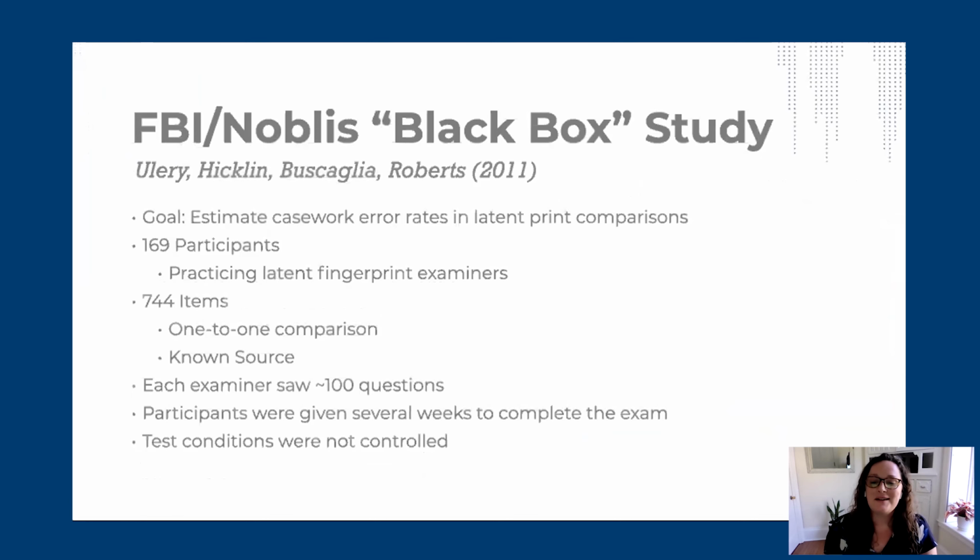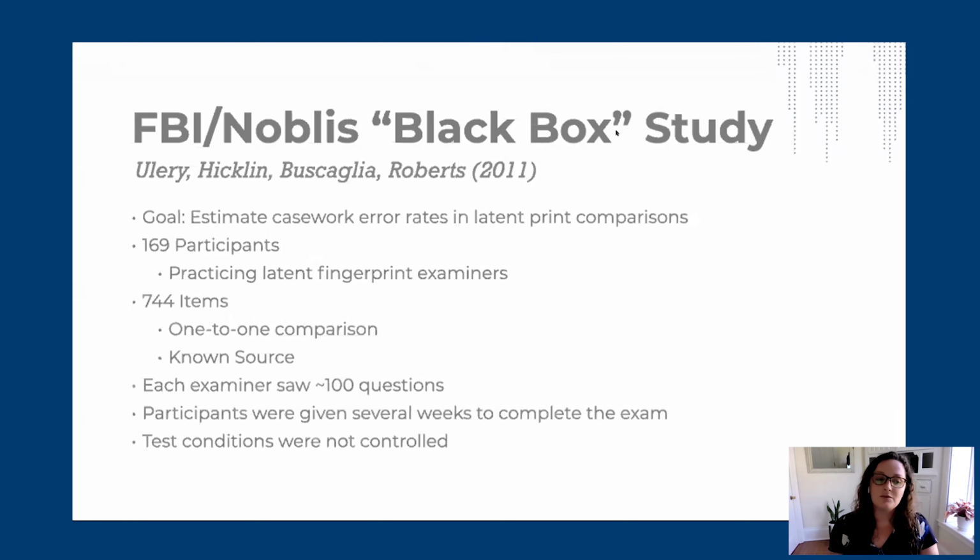I'm assuming that most of the people who are here today are familiar with this black box study that was run by the FBI and Noblis. This was done in 2011. As a little bit of a refresher, the main goal of this study was to estimate casework error rates in latent fingerprint comparisons. There were 169 participants. It was open to practicing latent fingerprint examiners in the community.